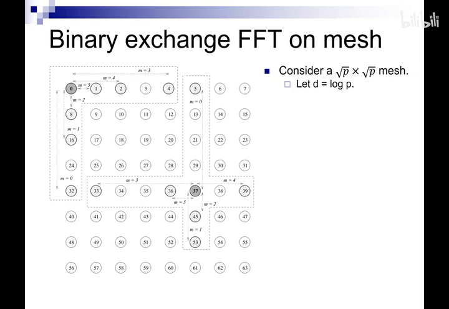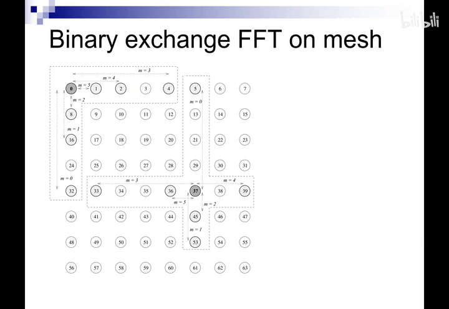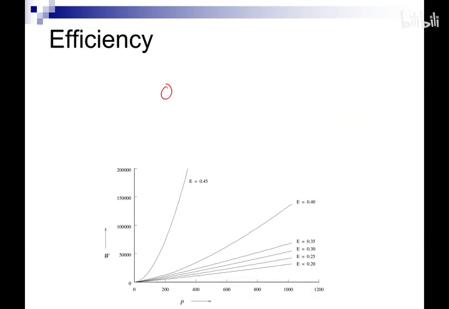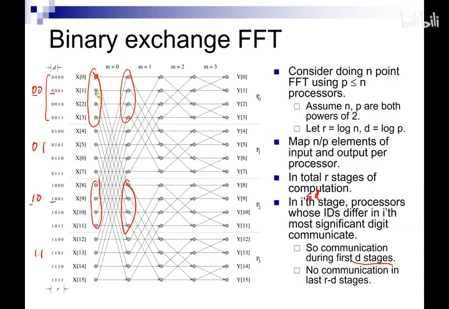Suppose you have a root p by root p mesh, so you have p processors total, and let d be the log of p. Now remember the communication pattern that we had. If we go back to this plot from earlier, let's clean this up a bit. Say you have n values.